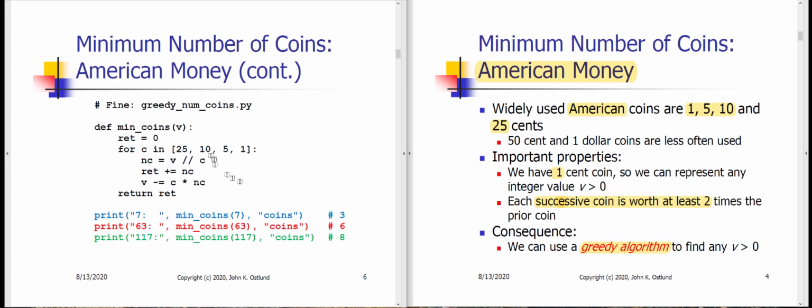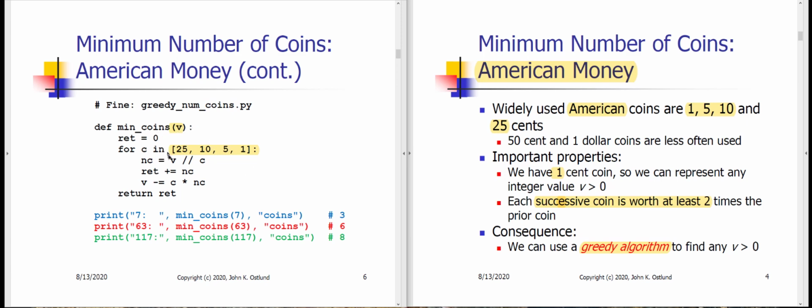And so here is an implementation of that. We're putting in our coins in descending order of value, and in order to get the minimum number of coins to produce some value, we're going to set up a return variable that starts out at 0 because we're going to be adding coins to the number of coins that we're going to return.